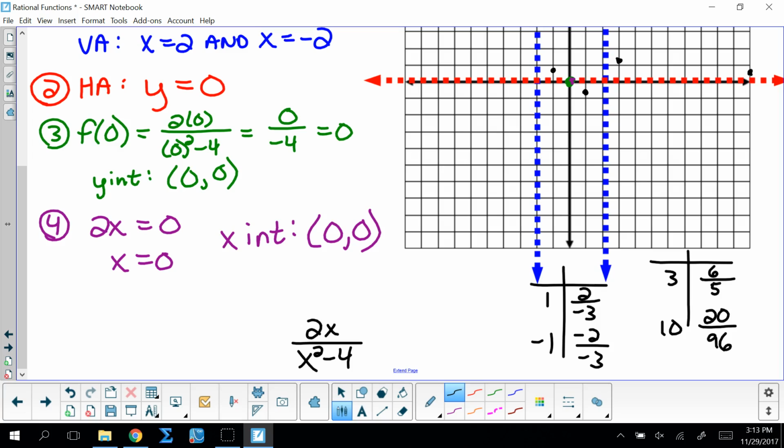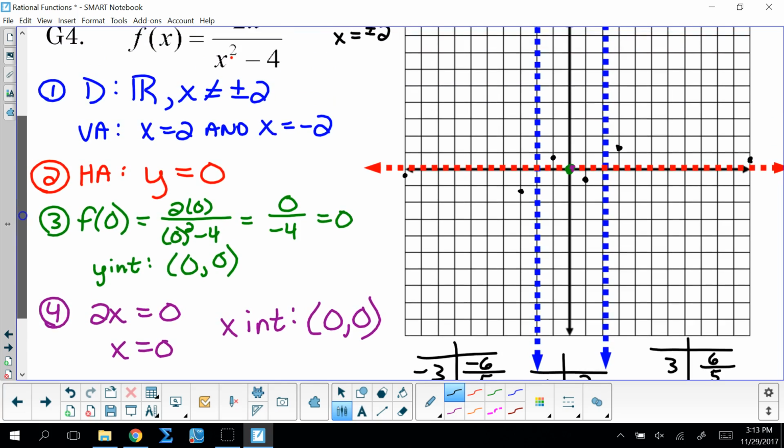Then I've got to choose points over here. Negative 3 is going to be negative 6 over positive 5, which is a little bit less than negative 1. And negative 10 is going to be negative 20 over 96, which is still negative.